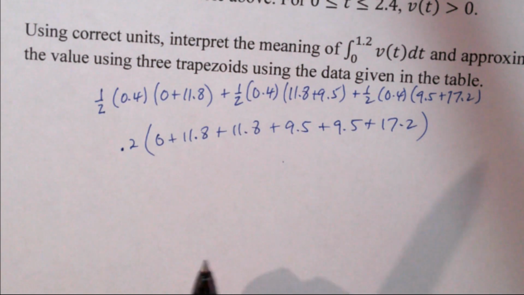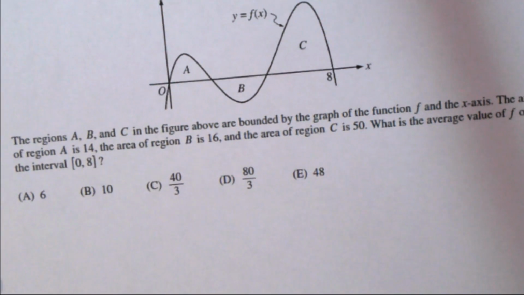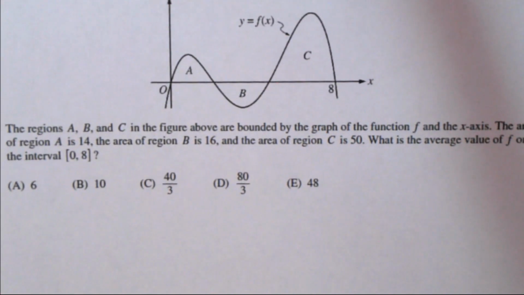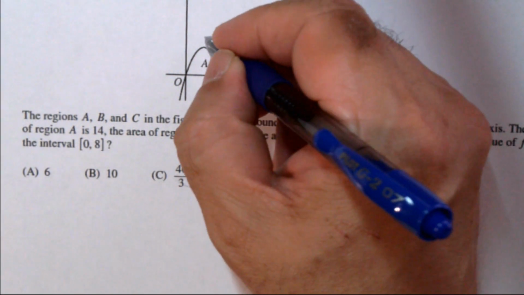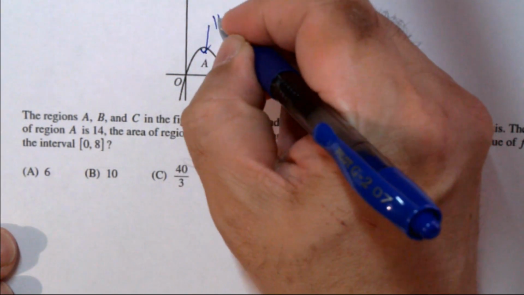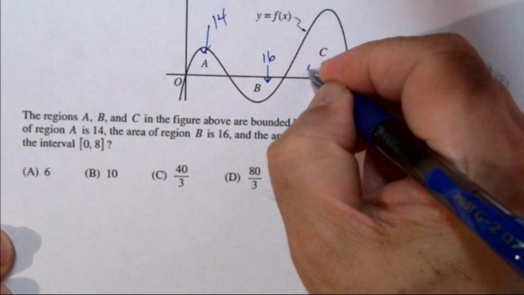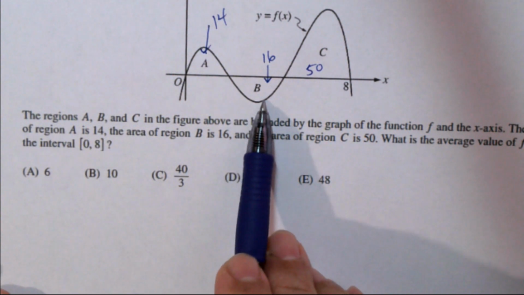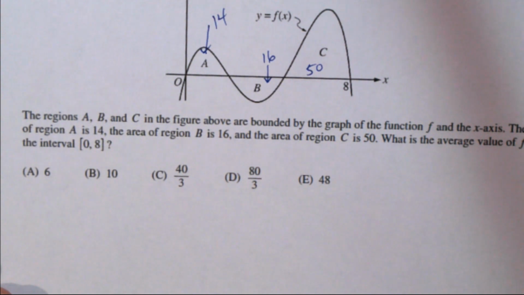All right, moving on. 14. Regions A, B, and C in the figure above are bounded by the graph of the function. So, even though they say area B is 16, technically it's negative because it's below the x-axis, okay?